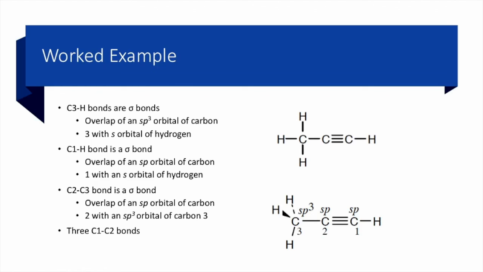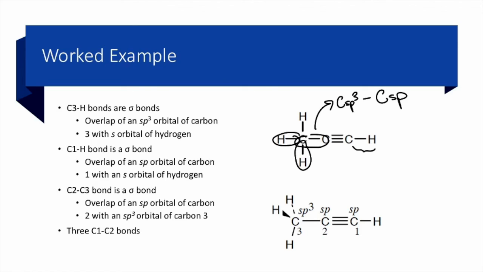Now for the carbon-hydrogen bonds here, those are formed by an overlap of an sp3 orbital on that carbon and the hydrogen 1s orbital. For this carbon-hydrogen bond, you have the hydrogen 1s orbital overlapping with the sp orbital. For this carbon-carbon bond, you have a carbon sp3 orbital overlapping with a carbon sp.